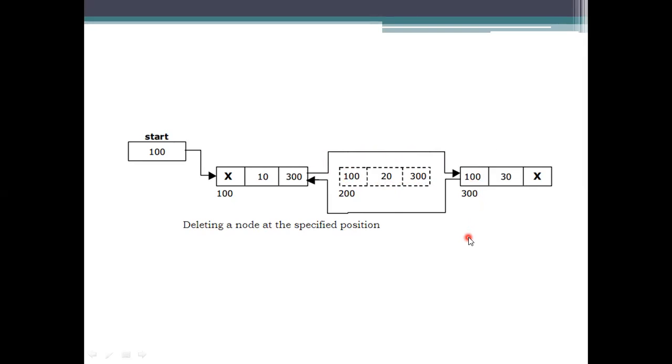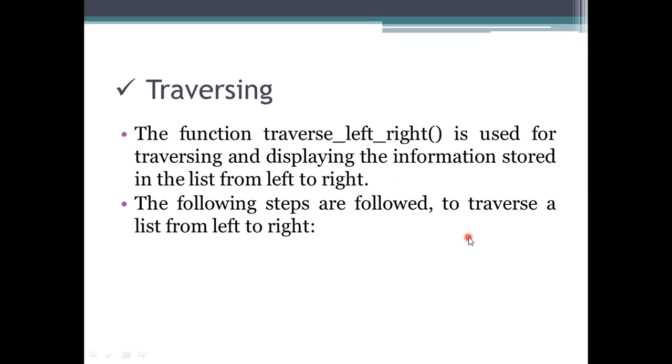Okay, and coming to the traversing: we inserted nodes here, so we need to process them. How am I going to process these elements? We should know in what order we inserted the elements there. How am I going to know? I should traverse from one node to another node to check whether my elements have been inserted in that order or not.